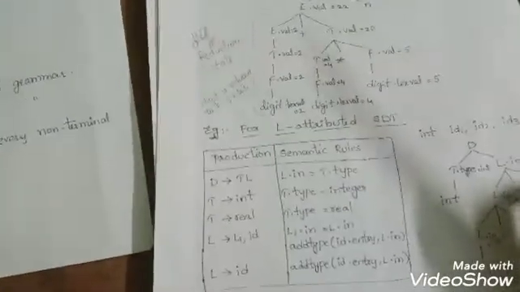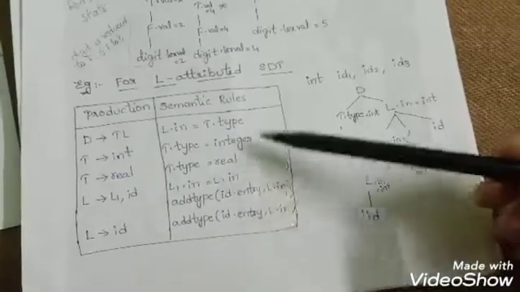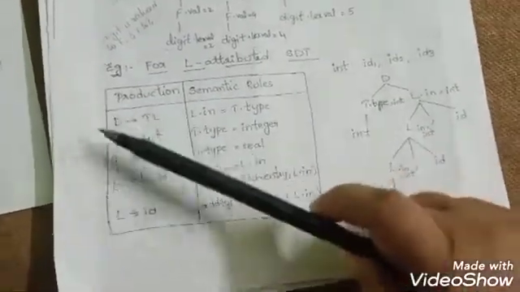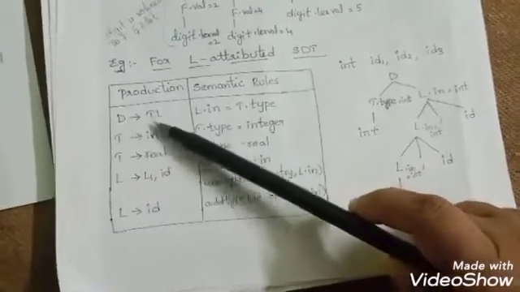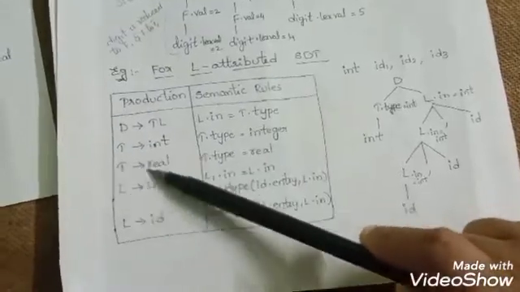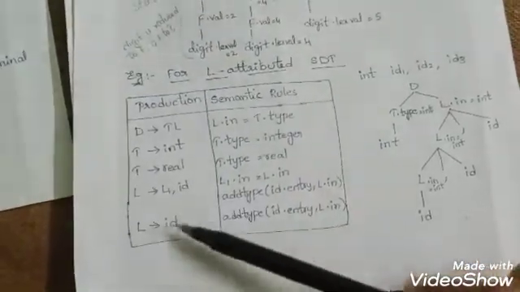And the next one is L-attributed SDD. For L-attributed SDD, we need to consider the productions as well as the semantic rules. The productions are D tends to TL, T tends to int, T tends to real, L tends to L1, ID, and L tends to ID.